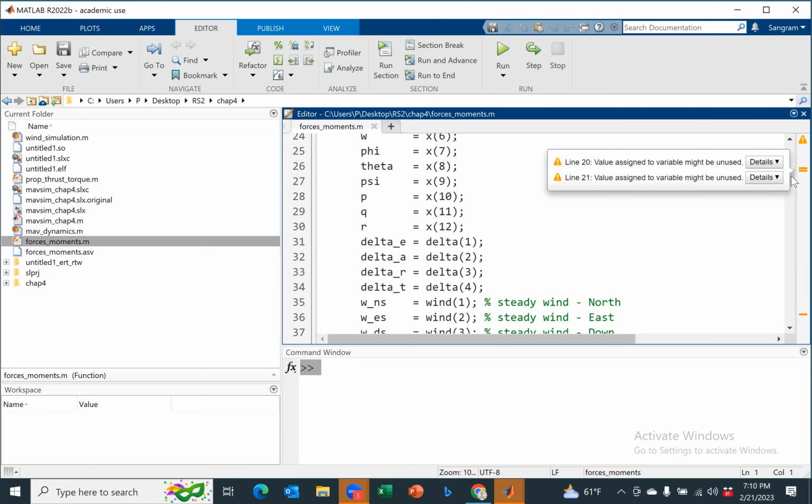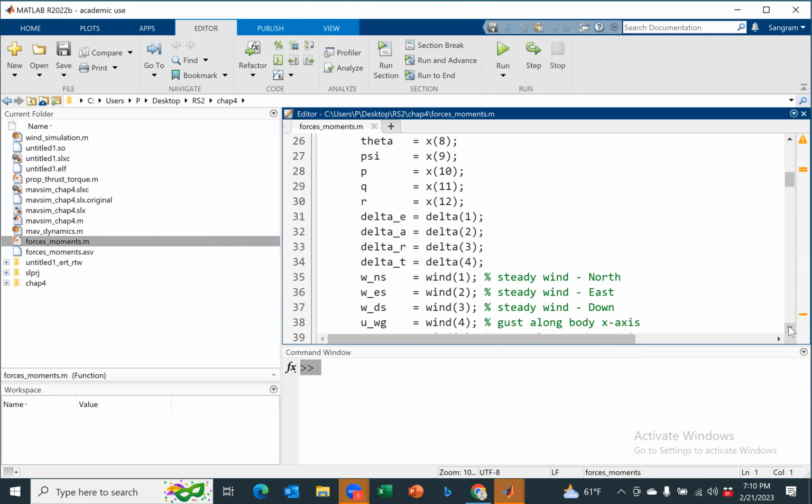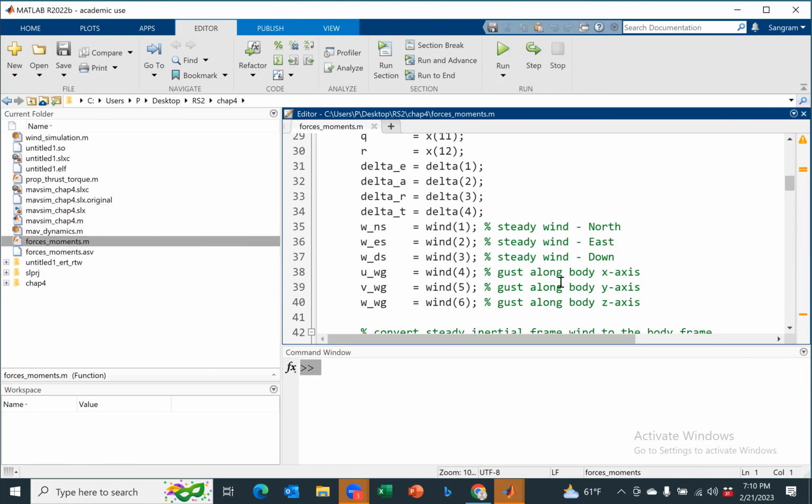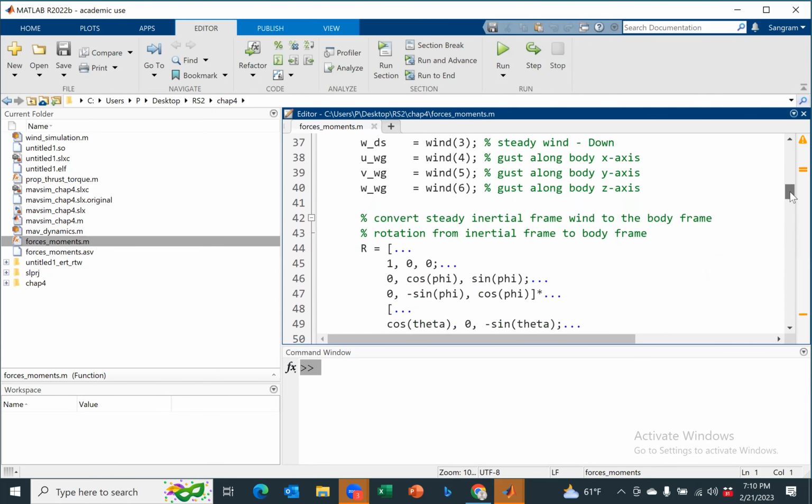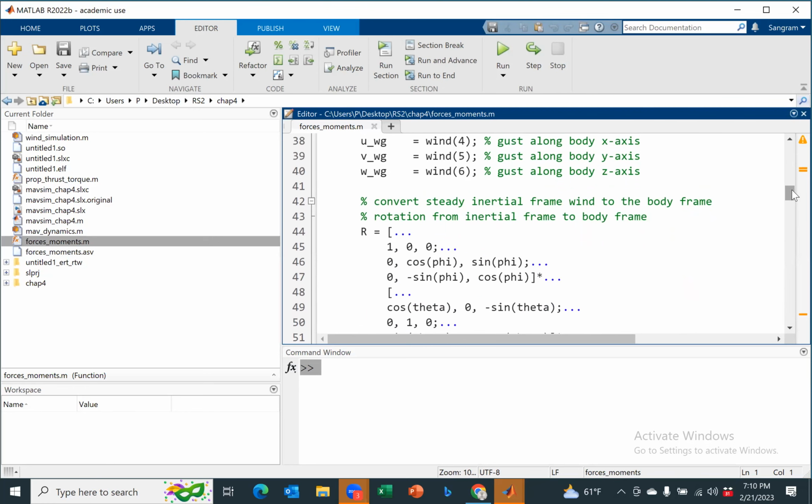And then you have wind north, wind east, and wind south. And then you have the gust, which is UWG, VWG, and WWG.